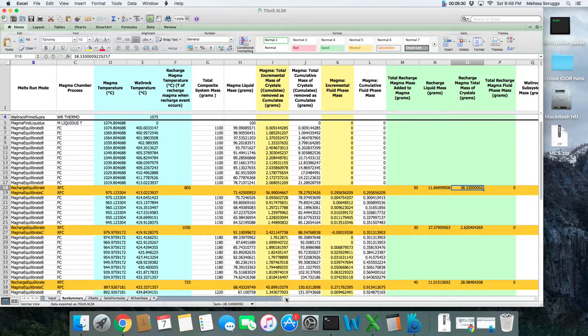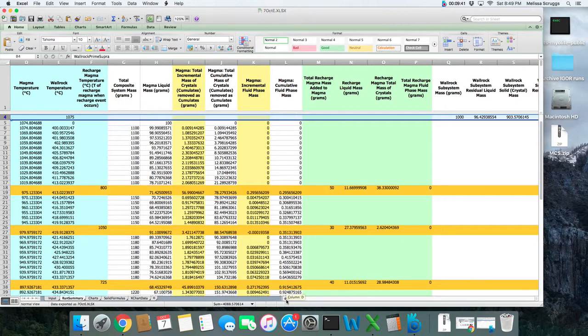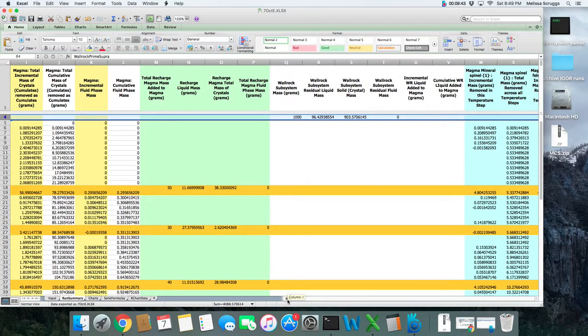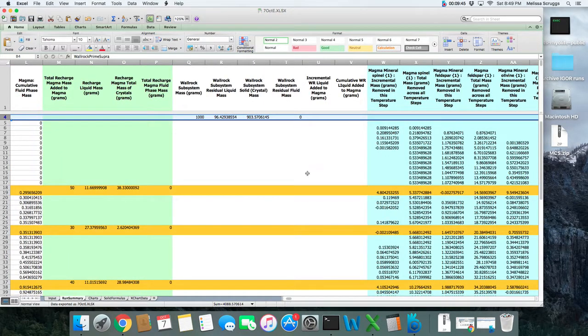The next few columns, columns Q through V, are the state of the wall rock. So here, at 1,075 degrees, and I'm using this because I didn't assimilate during this run, we have 1,000 grams of wall rock. Of that 1,000 grams, 96.42 grams are liquid and 903.5 grams are solid, so it's about 90% solid.